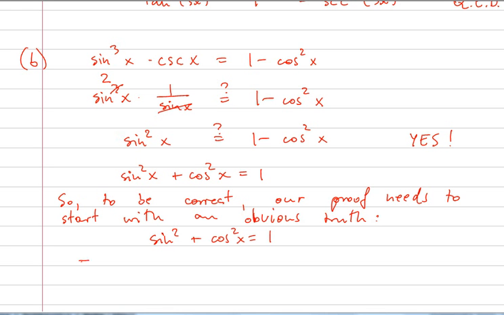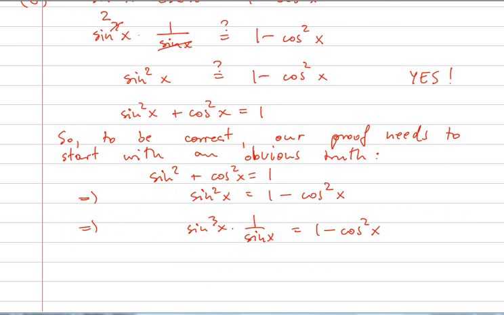That means that sine squared x is equal to 1 minus cos squared x. That means that sine cubed x times 1 over sine x is equal to 1 minus cos squared x. And then we can just replace. So sine cubed x times cosecant x equals 1 minus cos squared x, which is what we needed to show. So QED. And that finishes the proof.